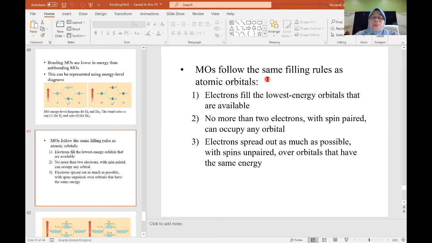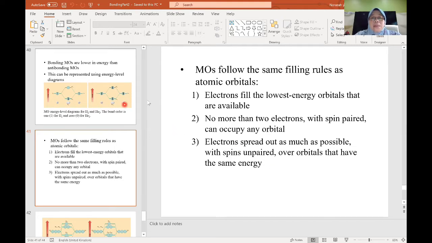One, electrons fill the lowest energy orbital first. Two, a maximum of 2 electrons per orbital with spin paired. And three, electrons are spread out as much as possible with spin unpaired first if the energy of the orbitals is the same.